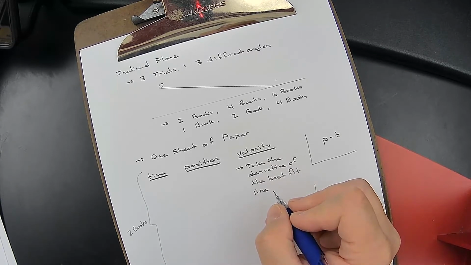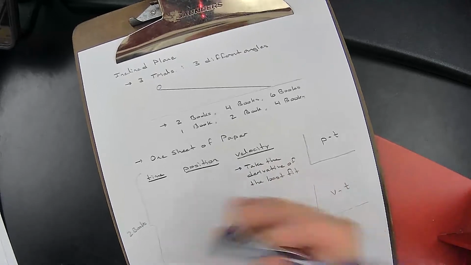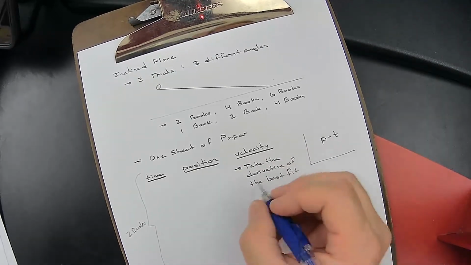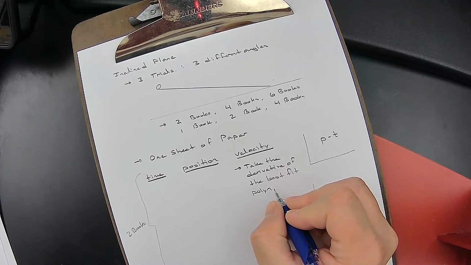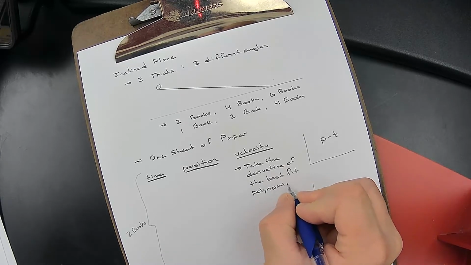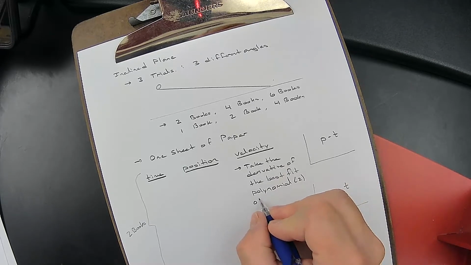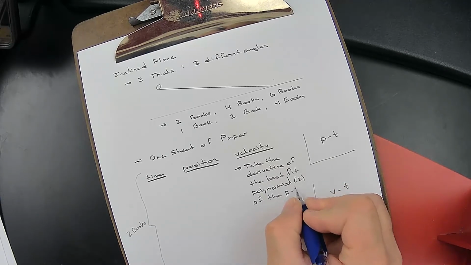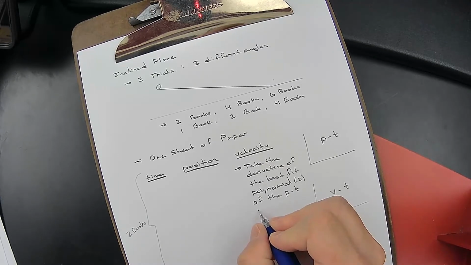Actually, it's not a best fit line. It is a best fit line, but it's really a best fit polynomial of the PT graph.